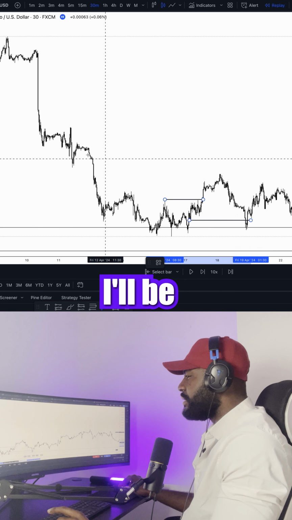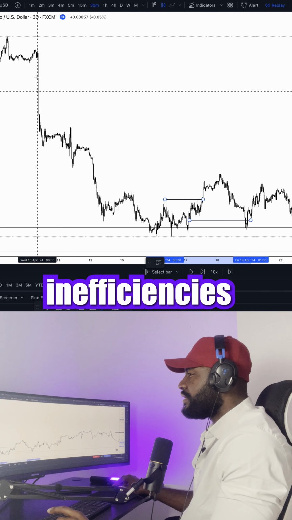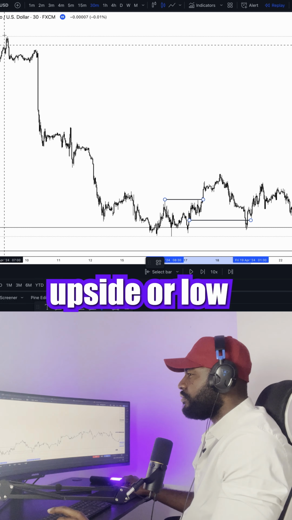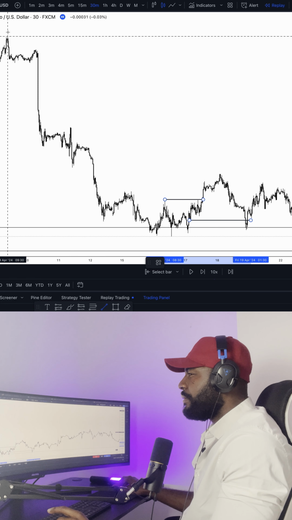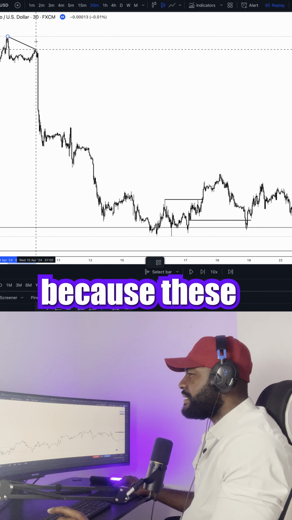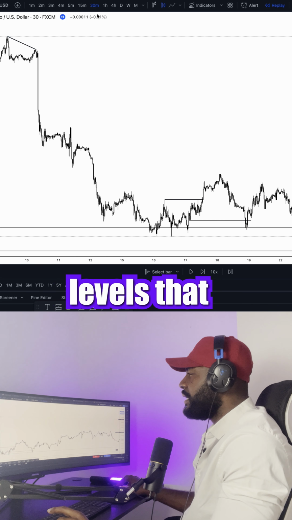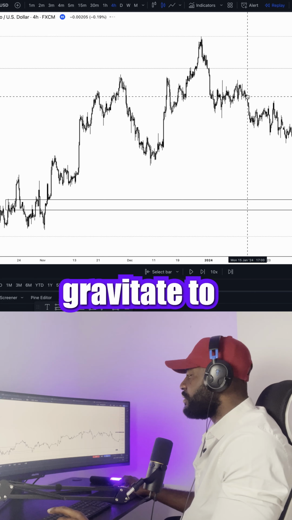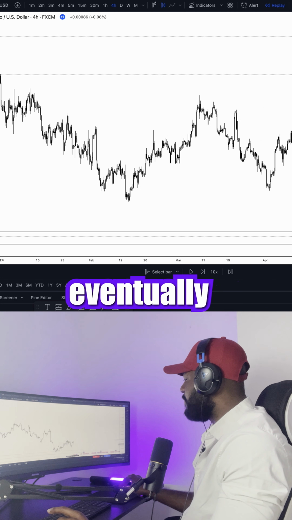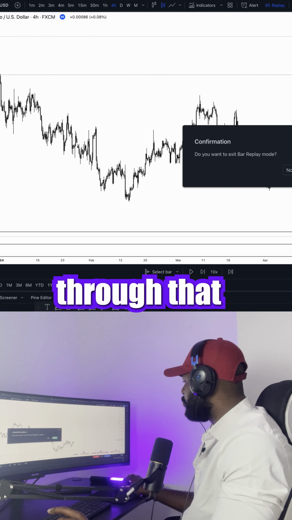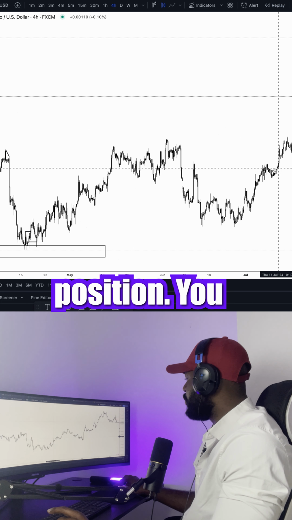I'll be targeting inefficiencies resting at the upside, or low resistance liquidities resting right here, as my potential targets, because these are easy key levels that the market could gravitate to.